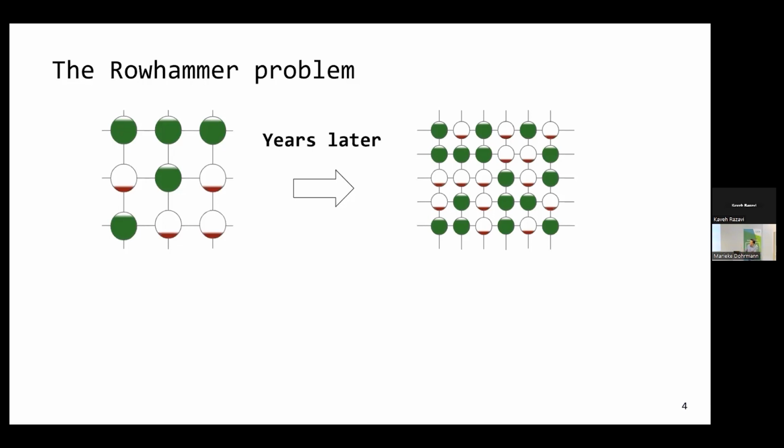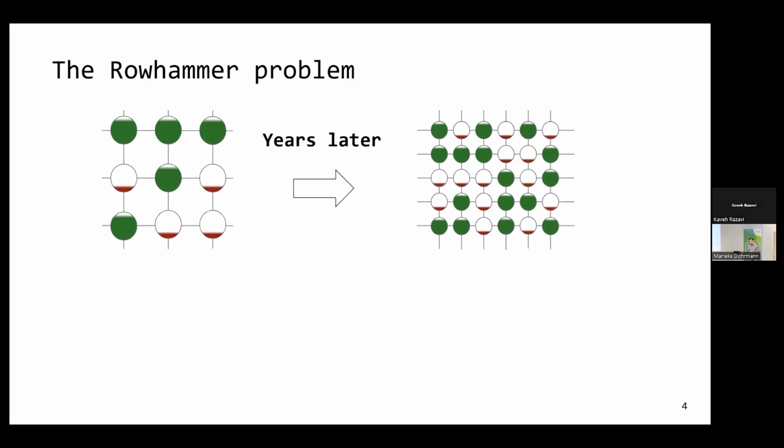You could imagine on the left side, 20, 25 years ago, features were big. So we had big capacitors, and to store one bit of information we could store a lot of charge. Now, years later, transistors and capacitors have become much smaller. It is nice because in the same area you can pack more of these capacitors and transistors.